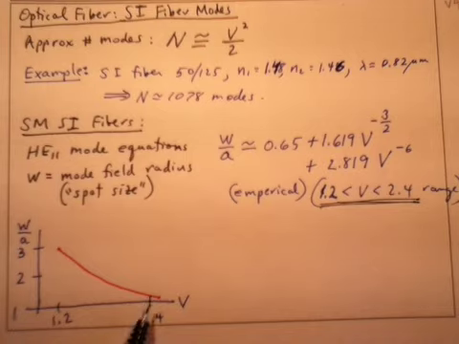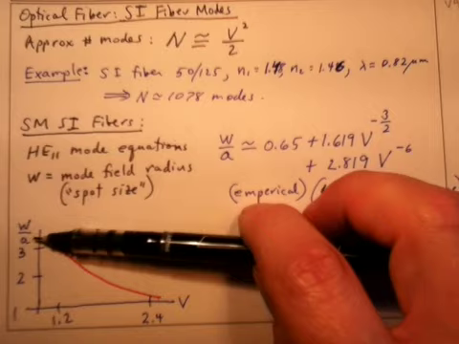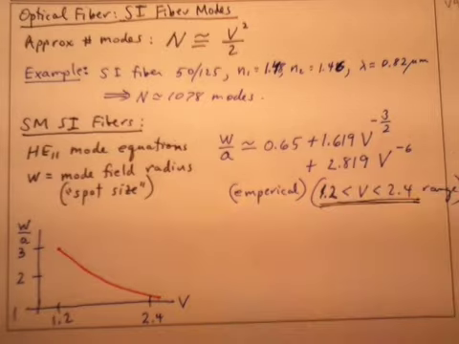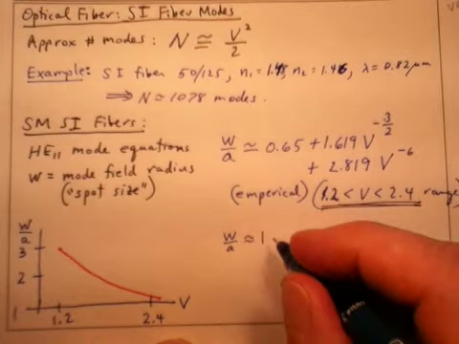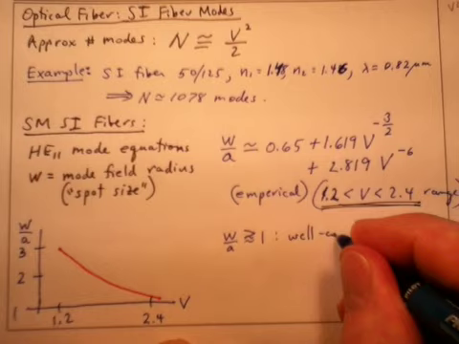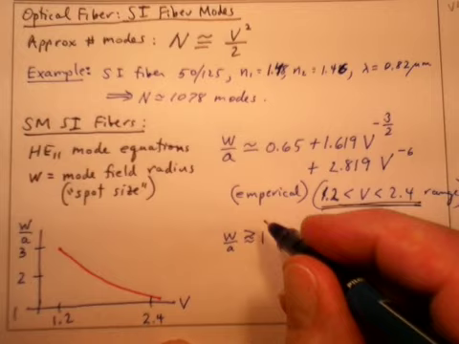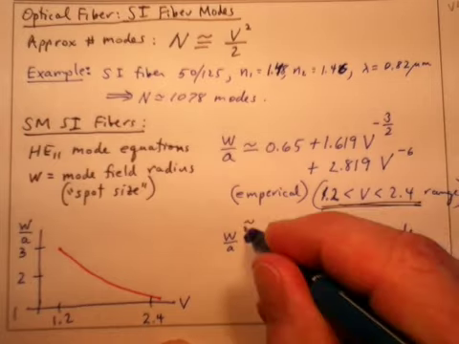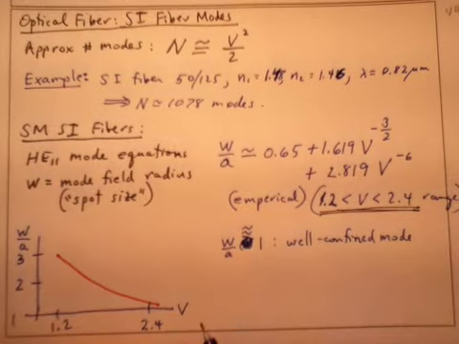And this is exactly consistent with our understanding of mode confinement. W over A characterizes the confinement of the mode. When W over A is approximately 1, we have a well-confined mode. We don't want it to be too much greater than 1.